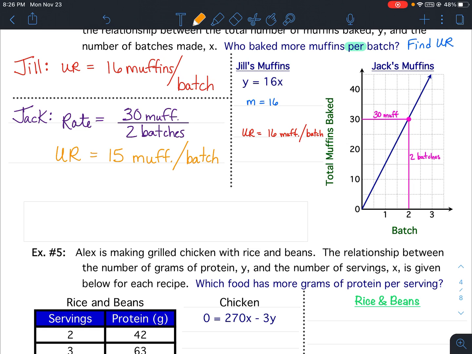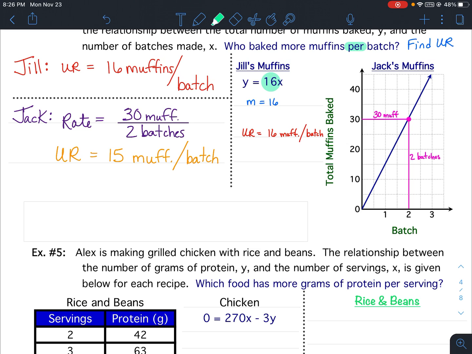So to do this problem, to figure out who baked more muffins per batch, we had to find the unit rate for each person. Jill's was nice and easy for us because they already solved for y, and it was the number right here in front of x. So she baked 16 muffins per batch. For Jack, we picked a point on the graph and set up a rate. The rate was 30 muffins, because remember, when you set up a rate, rates are always y over x.